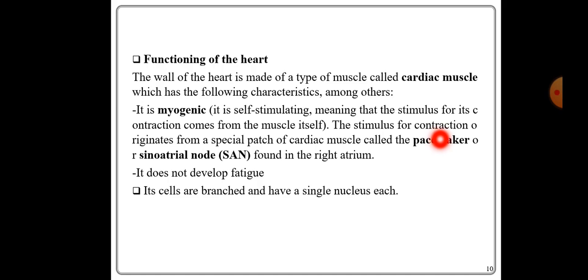The stimulus for contraction originates from a special patch of cardiac muscle called the pacemaker or sinoatrial node, found in the right atrium. Then another characteristic of the heart is that it does not develop fatigue. Then its cells are branched and have a single nucleus. So these are just some of the characteristics of the heart.